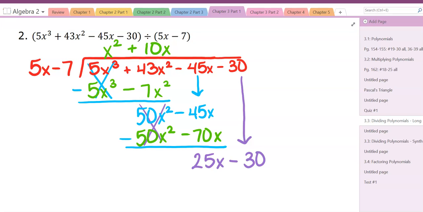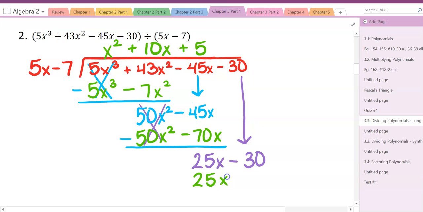Now we repeat, okay? Go back up to that 5x minus 7. I got to go from 5x to 25x. So how would I go 5 to 25? Times 5. Now they already both have x's, right? 5x, 25x, so I don't need an x. Okay, so now I also have to do -7 times 5, which would be what? 35.